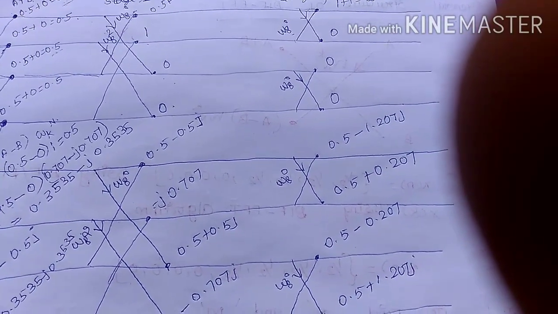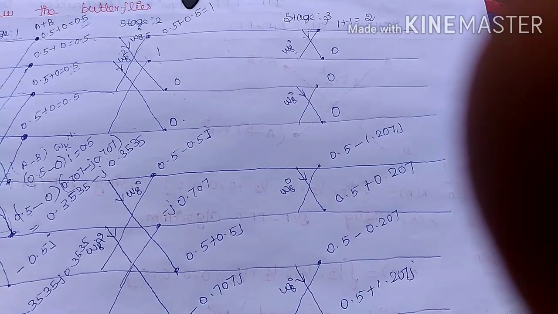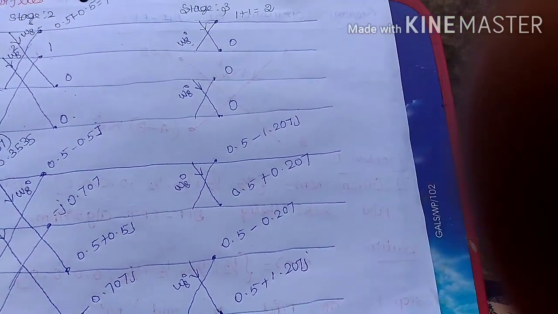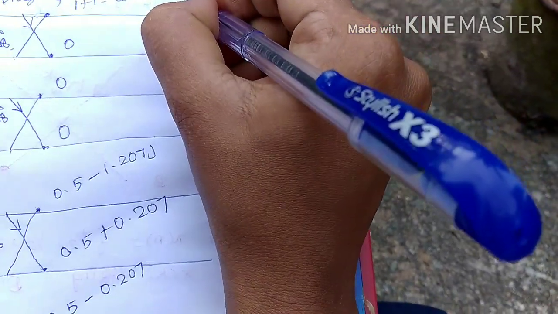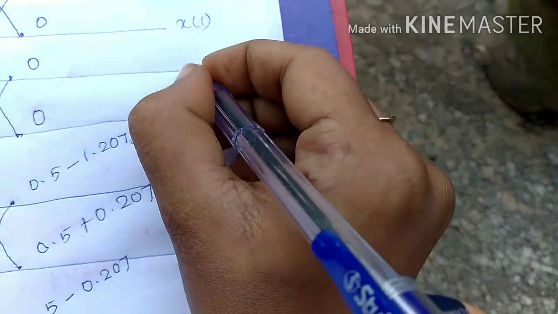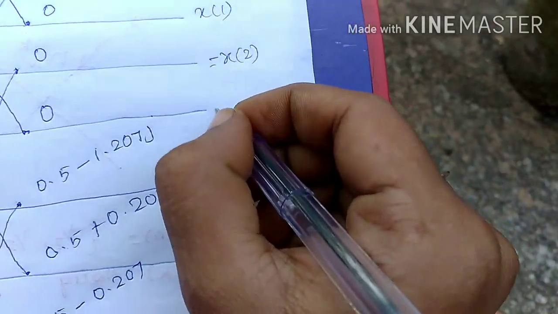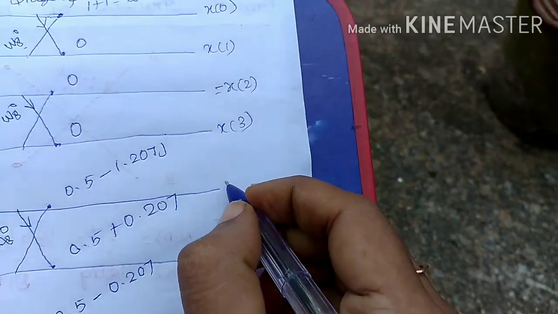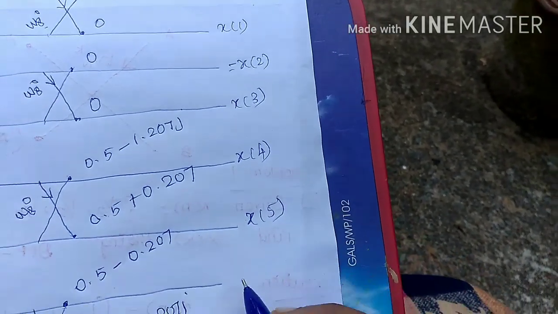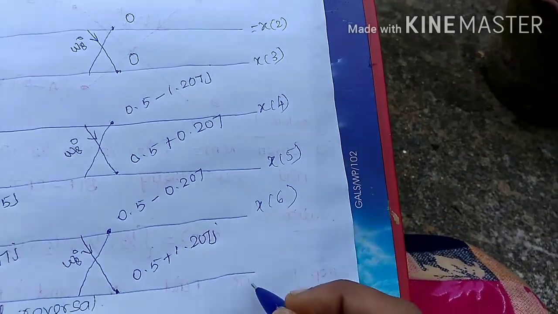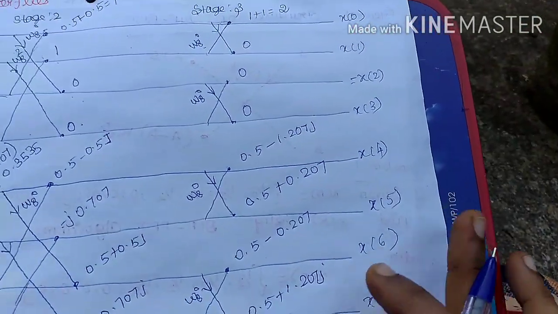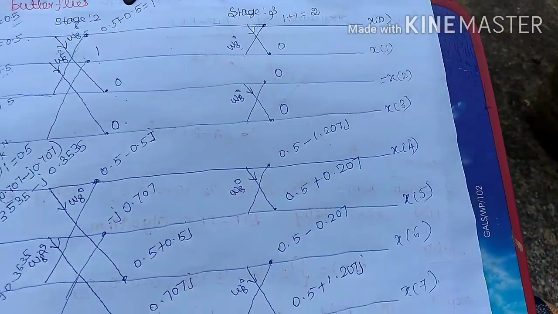But in a DIF problem our inputs are in normal order but our outputs are in bit reversal order. Normal order means this one is x of 0, this one is x of 1, x of 2, x of 3, x of 4, x of 5, x of 6 and x of 7. From this order we have to write the bit reversal order.